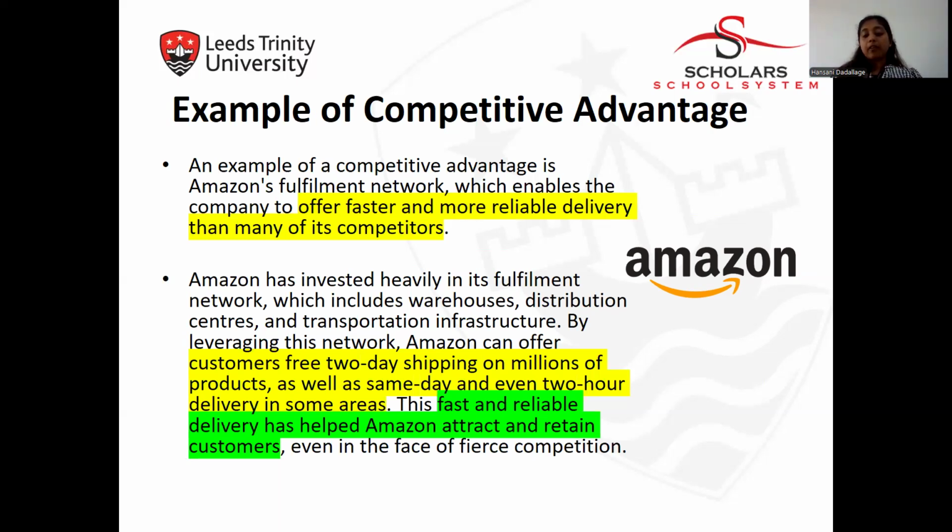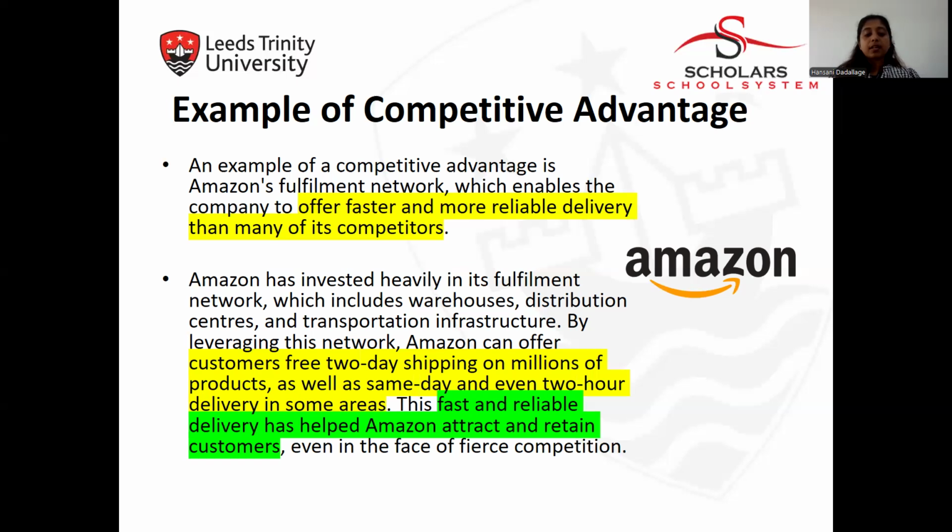Amazon has invested heavily in its fulfillment network, which includes warehouses, distribution centers, and transportation infrastructure. By leveraging this network, Amazon can offer customers free 2-day shipping on millions of products, as well as same-day and even 2-hour delivery in some areas.